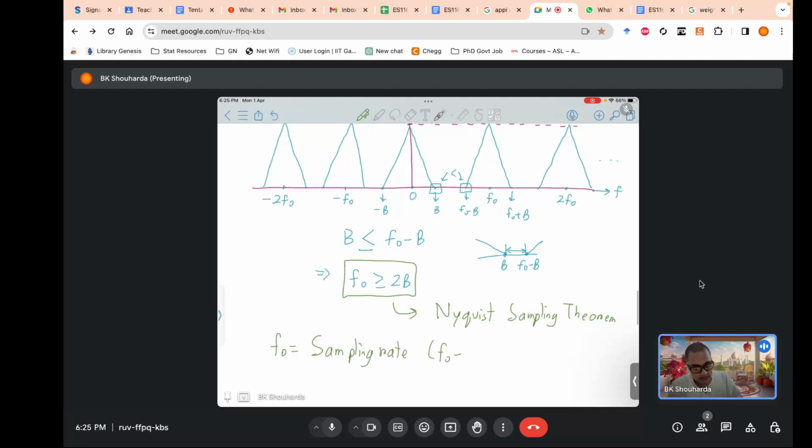I mentioned earlier that f naught was 1 upon T, the inverse of the sampling time, and B was the signal's maximum frequency. So the Nyquist theorem states that the sampling rate must be at least twice the maximum frequency content of the signal. This is the famous Nyquist sampling theorem.